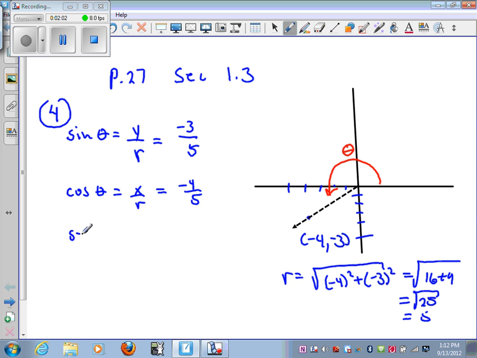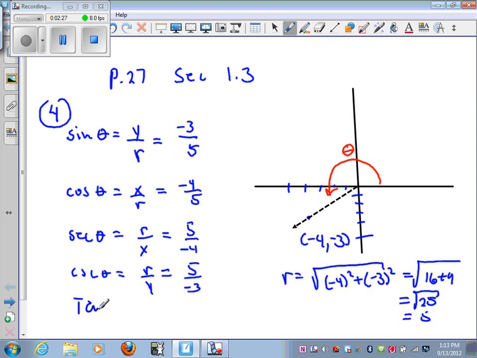Now the secant is r over x, so that's going to be 5 over -4. Cosecant is r over y, and so that's 5 over -3.